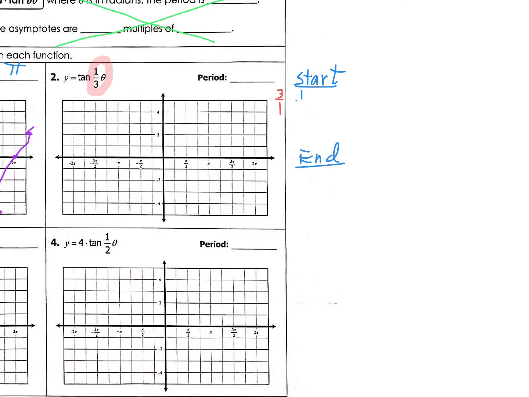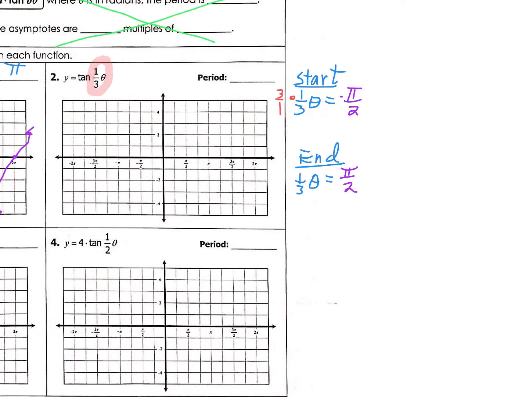All right, so 1/3 theta equals, and we're solving for theta. On this one, I want to set it equal to -pi/2 and regular pi/2. So whatever's happening to theta is always going to be set equal to -pi/2 and +pi/2, always, no matter what.